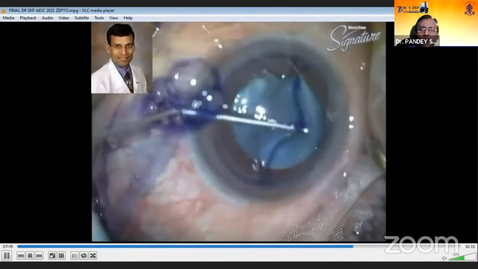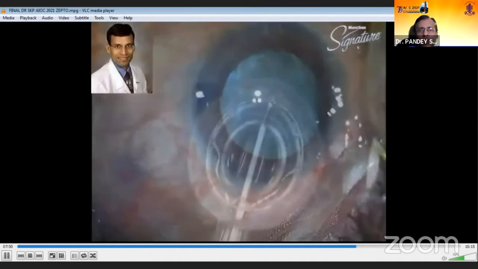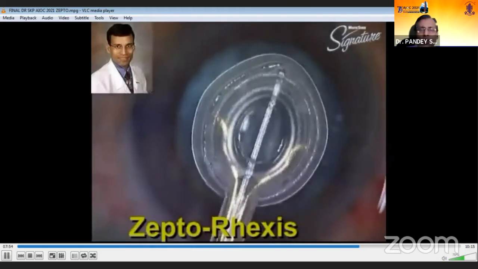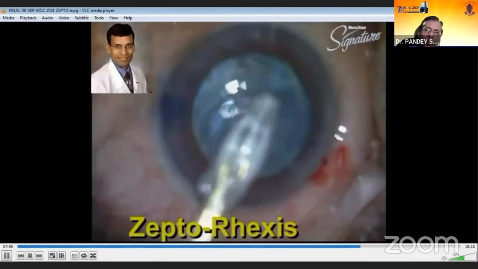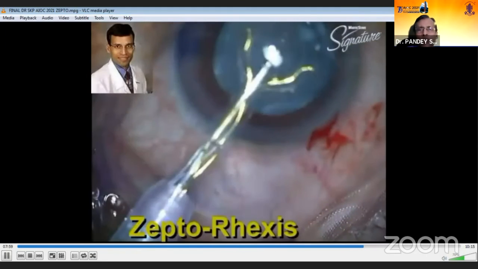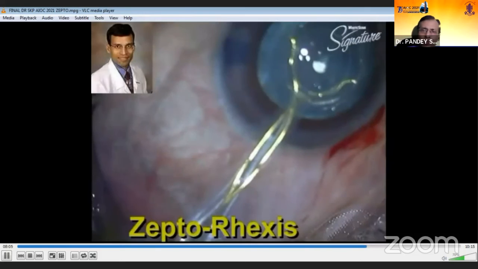We did staining of the anterior capsule, and this is followed by insertion of the Zepto handpiece using a 2.8 millimeter incision, and within a few seconds the capsulorhexis is done successfully.